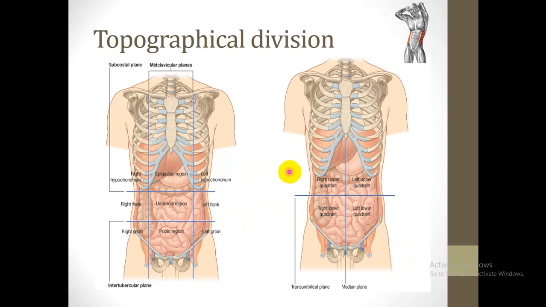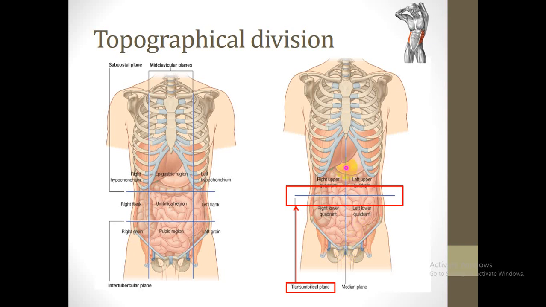For the simple 4-quadrant division of the anterior abdominal wall, we use two planes: a vertical plane that passes from the xiphoid process to the pubic symphysis, and a second, horizontal plane called the transumbilical plane, which passes through the umbilicus and the intervertebral disc of L3 and L4.